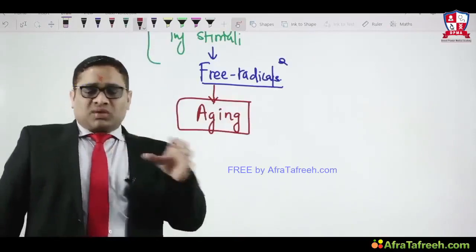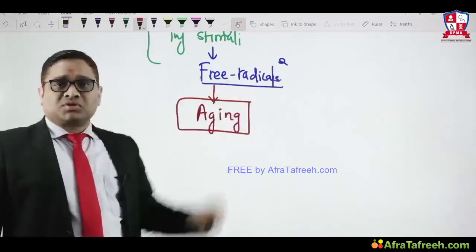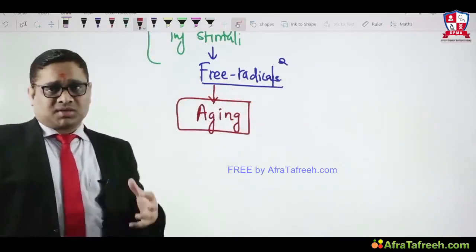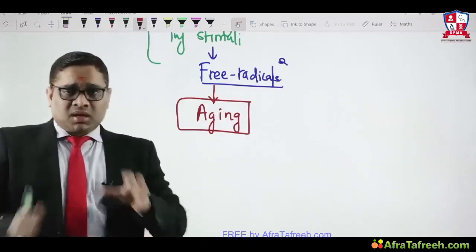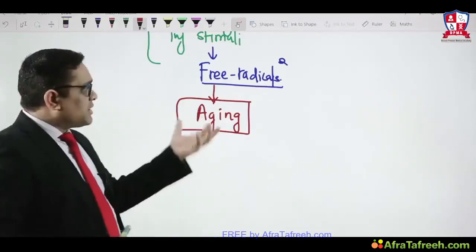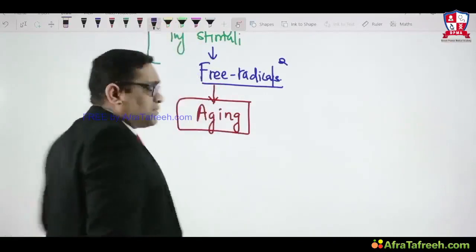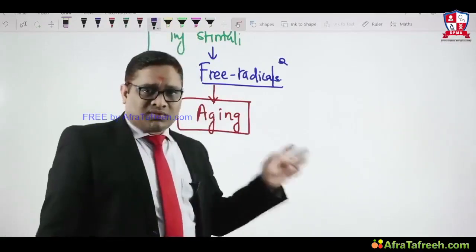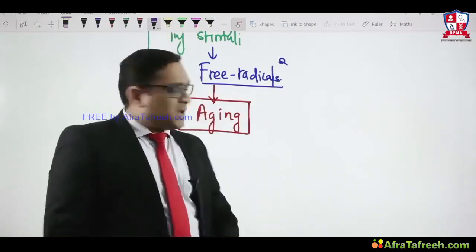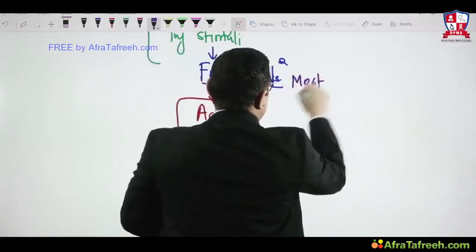And what is the most widely accepted hypothesis for aging? Free radical injury is the most widely accepted hypothesis for aging. That is why I described it like this: the progressive accumulation of sublethal injury will activate free radicals, and this will promote aging by oxidative damage of the organelles, cells, or at the molecular level DNA and RNA, right?